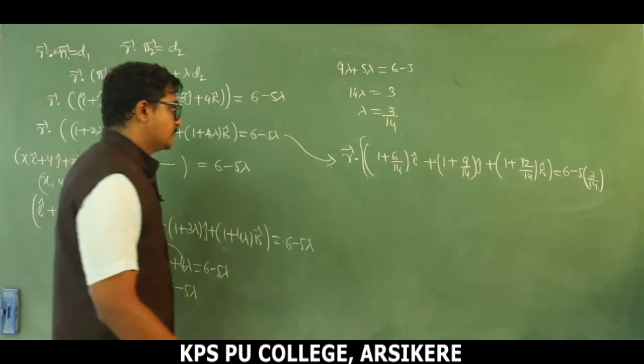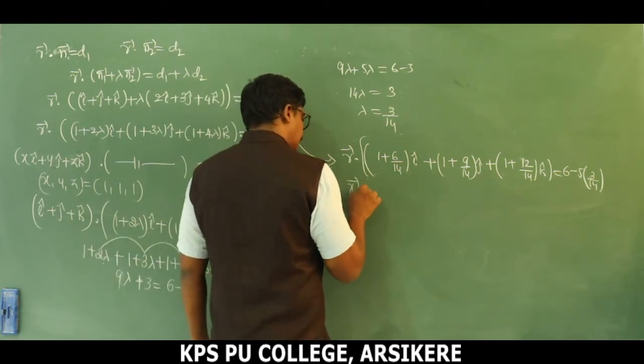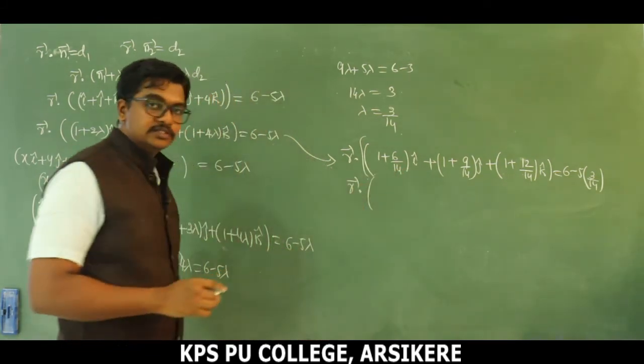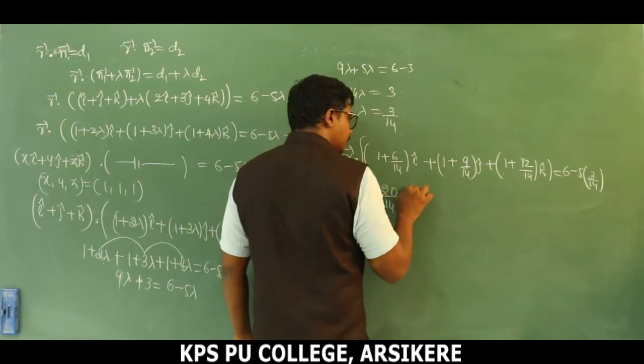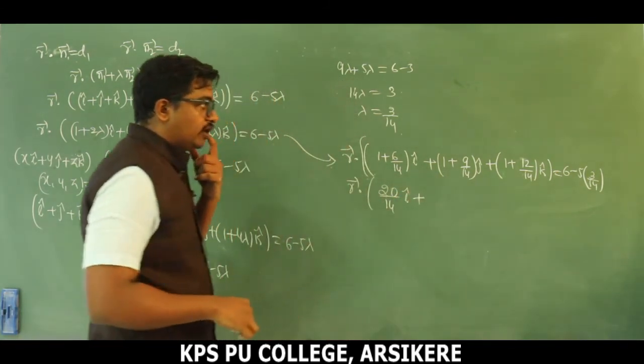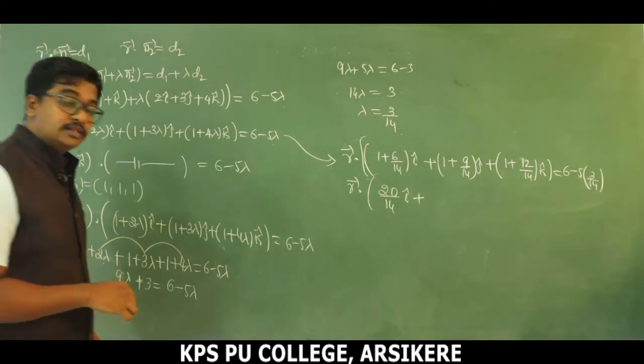Clear? Okay, this becomes vector r dot, 14 is the LCM, 14 plus 6 is 20. This is 20 divided by 14 into i cap plus, similarly, 14 is the LCM, 14 plus 9 is 23.